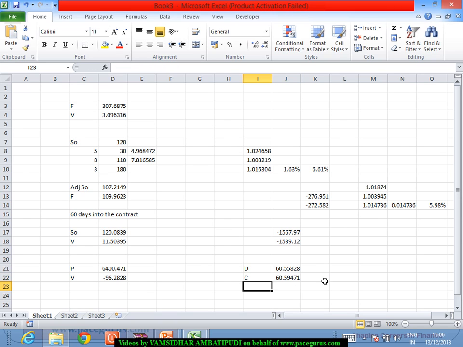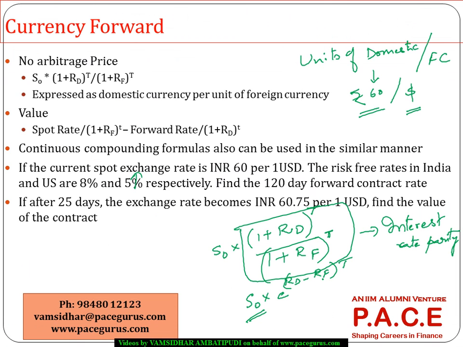So in a continuous base it is coming out to 60.59. Well, that may not be a very significant difference at all. So in general case, though you may get into a discrete mode, you could very well look out for a continuous mode also in terms of compounding and determining the no arbitrage forward price.